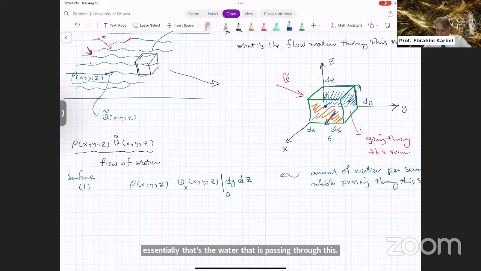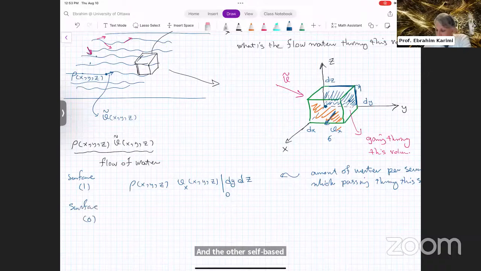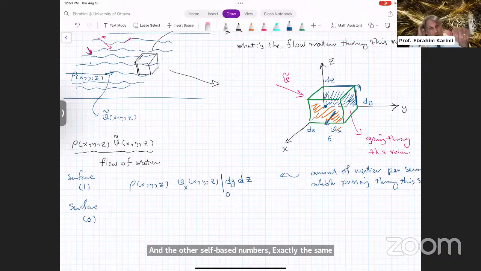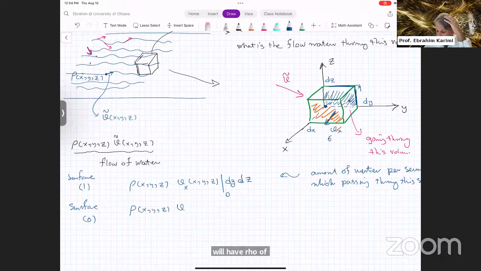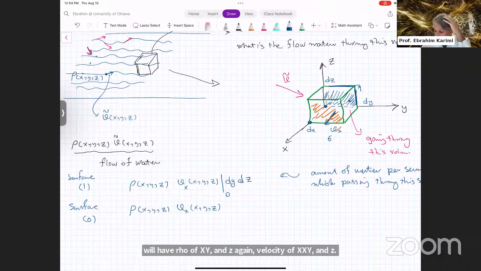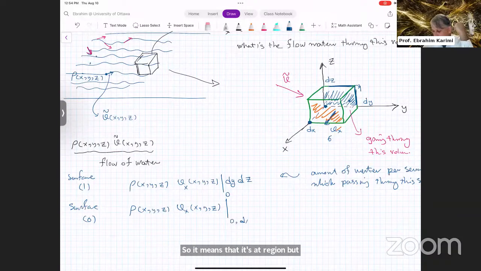On the other surface, number 6, exactly the same situation happens, because the velocity of y and velocity of z will be orthogonal to the surface, so they will not contribute. And then you will have rho of x, y, and z, again velocity of x, y, and z. But now the surface is not located at the origin, but displaced by dx, multiplied by the surface area, which is exactly dy, dz.